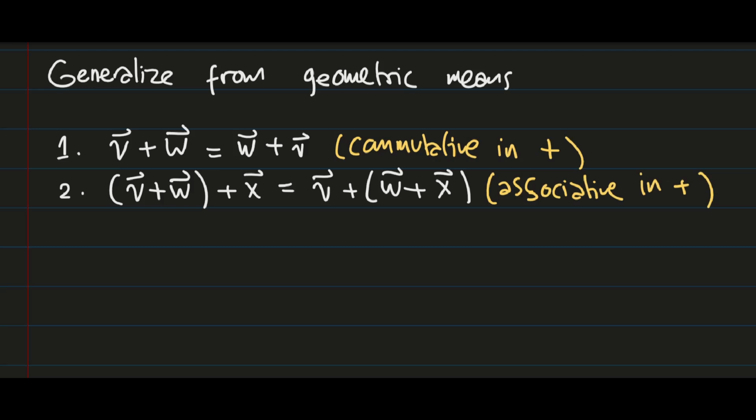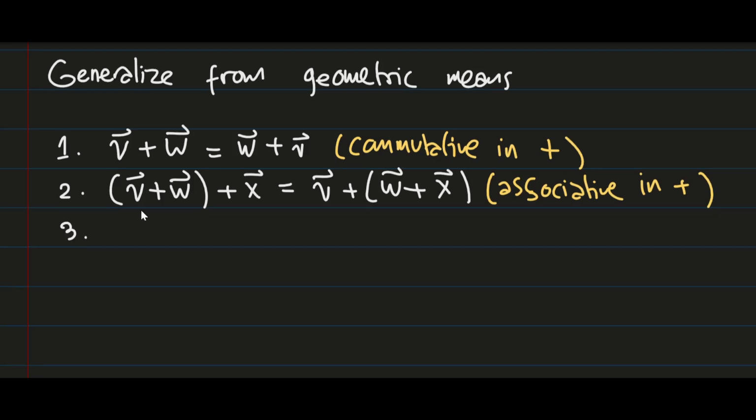The associative property follows from commutativity. So we can add v and w first, then add x, or add w and x first, and then v, and so on.